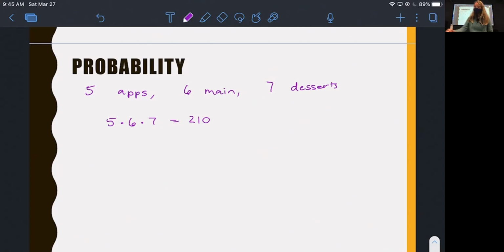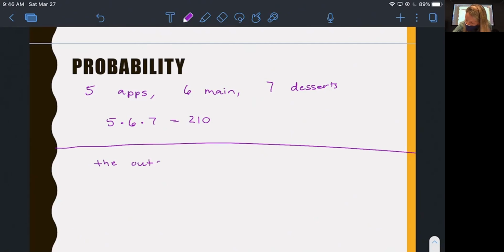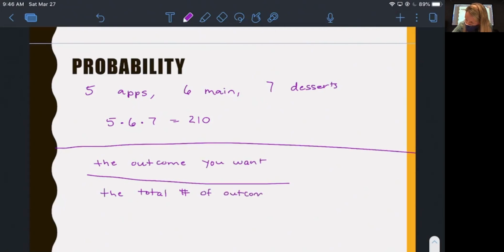The other one is just normal probability, like you've got marbles in a bag. Probability is the outcome you want over the total number of outcomes. So if there's 20 marbles in the bag and 8 of them are red, and you want to get a red marble, you want 8 out of 20.